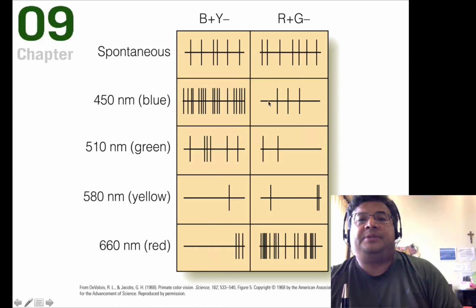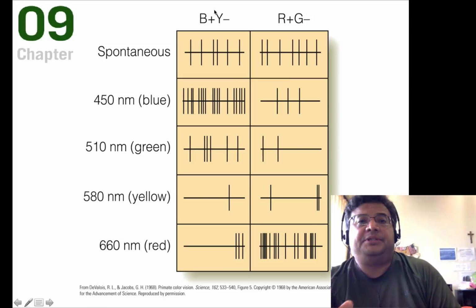And there are even fewer spikes seen in the red-green neuron. If you shine green light, 510 nanometers, on these neurons, it doesn't have too much of an effect on this one. But look how it reduces the firing of this one. It goes from this baseline activity to just a couple of spikes. Yellow, 580 nanometers, causes this neuron to fire less because it's inhibited by yellow.